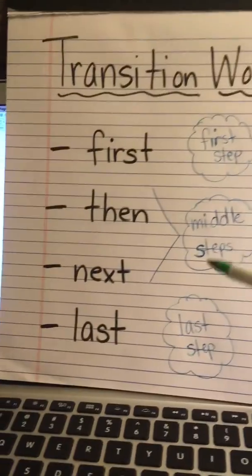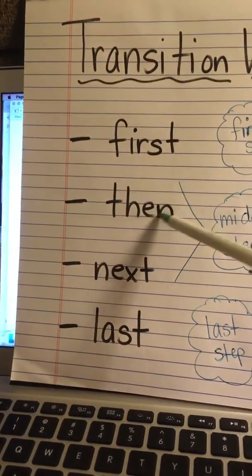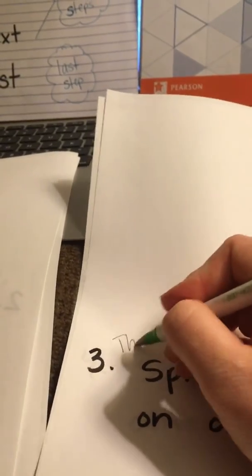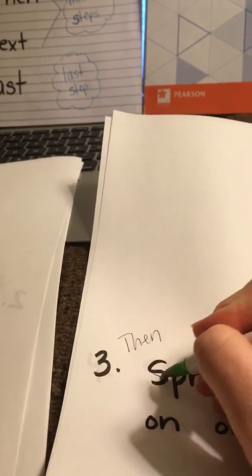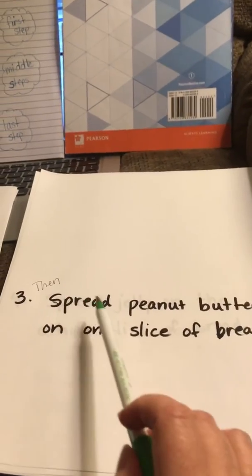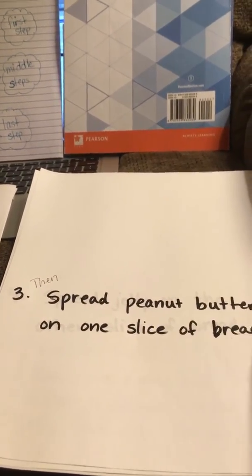And I think for this page, for my transition word, I'm going to use the word then. Then, and I'll put a lowercase s, then spread peanut butter on 1 slice of bread.